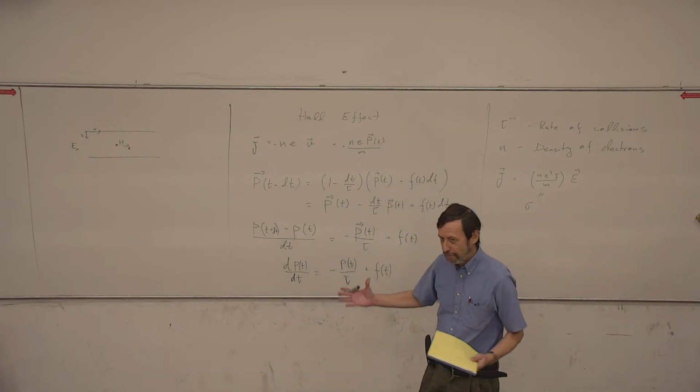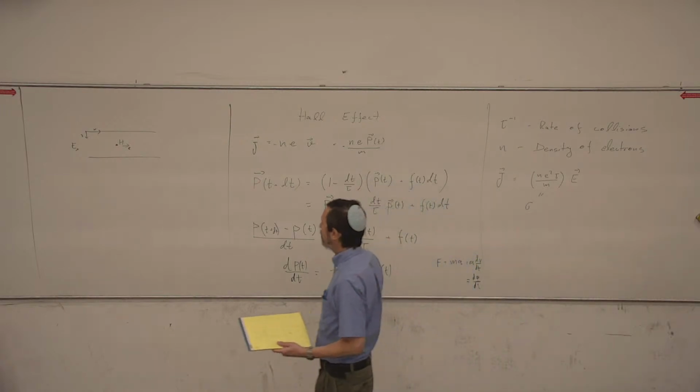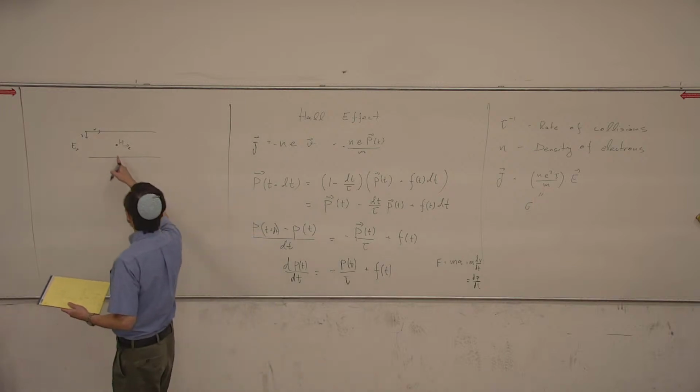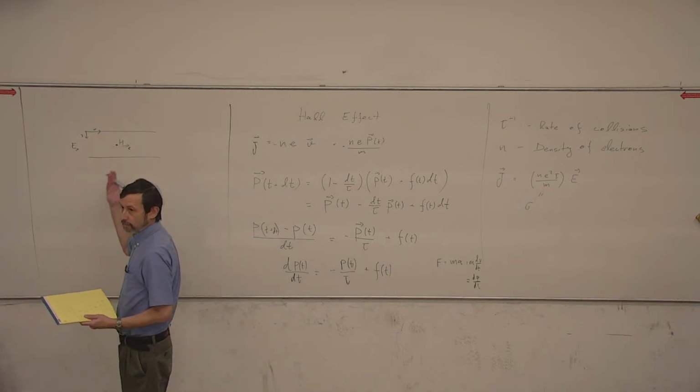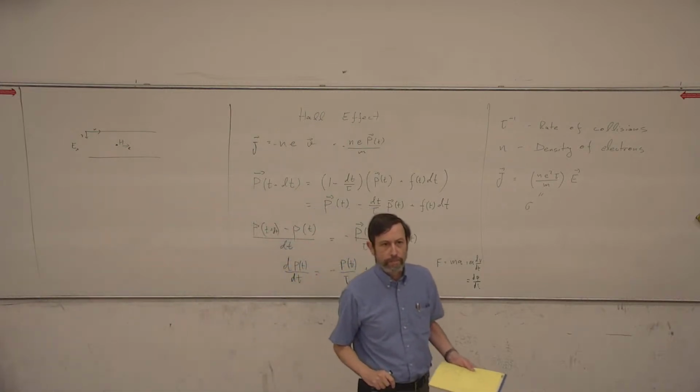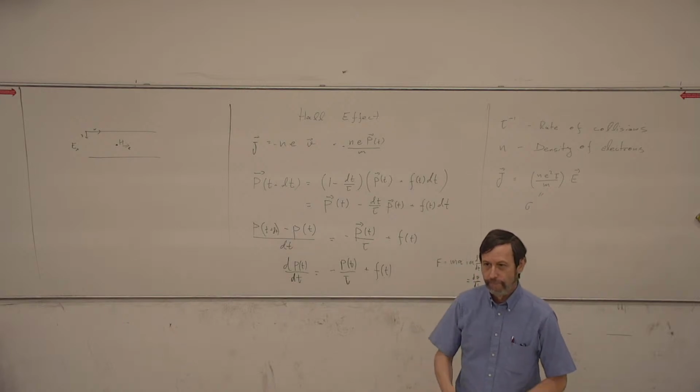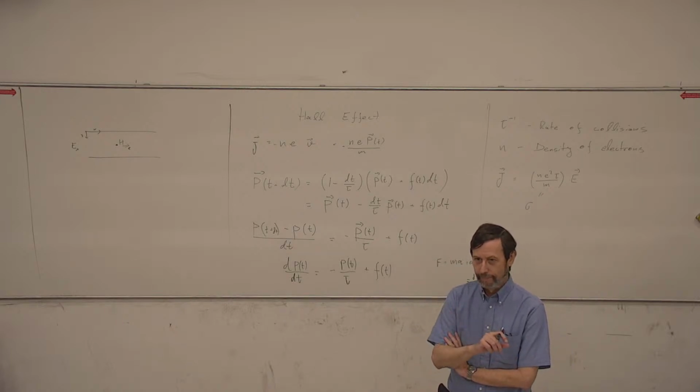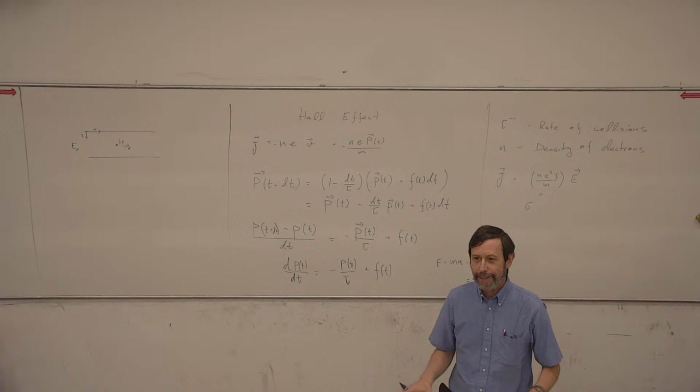Not that it's very important at the moment, but of course the electron won't continue in a straight line. Will it gain energy? No, that should come out intuitively to you.